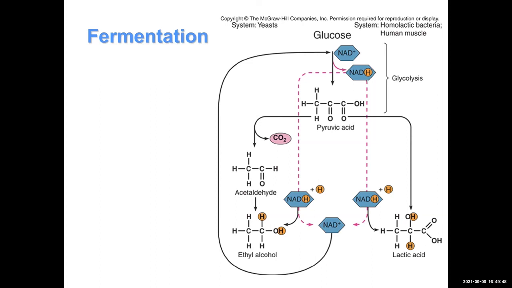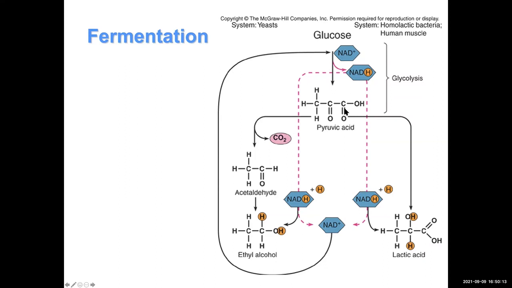If we want to go through glycolysis again, we need NAD plus. So part of the fermentation process is to regenerate this NAD plus, so that it can be used again in glycolysis.